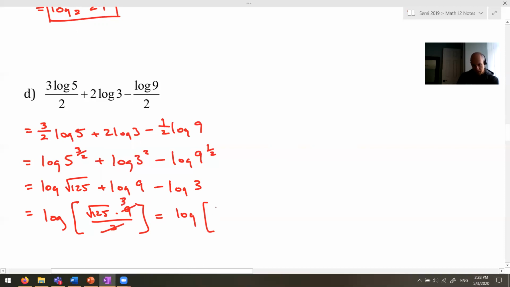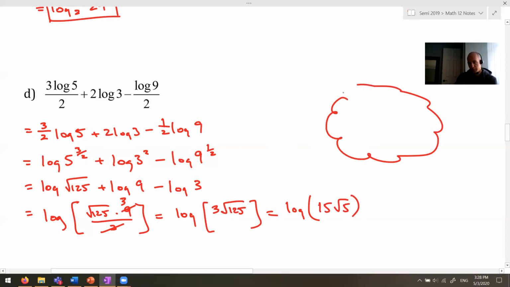So this is 3 times root 125, and of course, that can be simplified down because root 125 is 5 root 5, so this can become log of, what's that, 15 root 5, I guess? My thought bubble up here is root 125 equals 5 root 5.